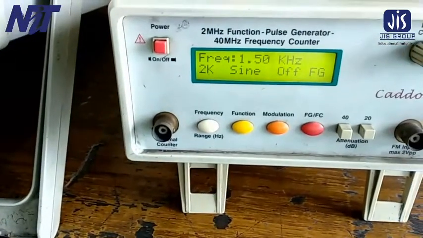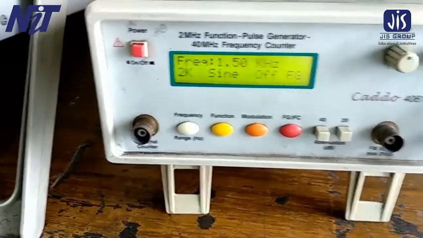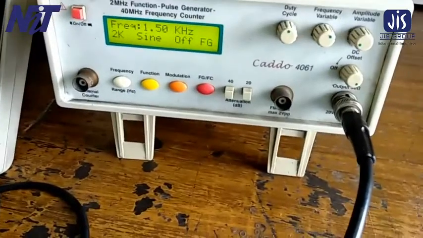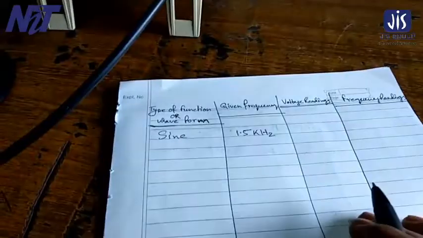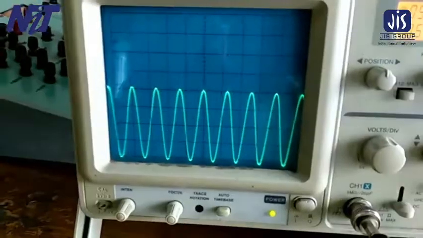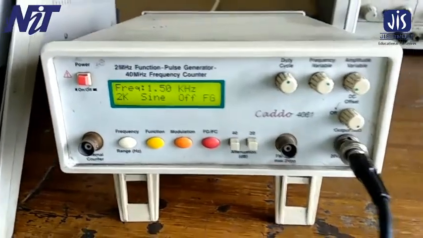Suppose in our case, first we take a sine function, and the frequency is 1.5 kilohertz. Now your task is to verify this given frequency by the oscilloscope reading. That is what you generated in the function generator, and the voltage amplitude is as yet unknown, so you next have to verify the voltage amplitude also.